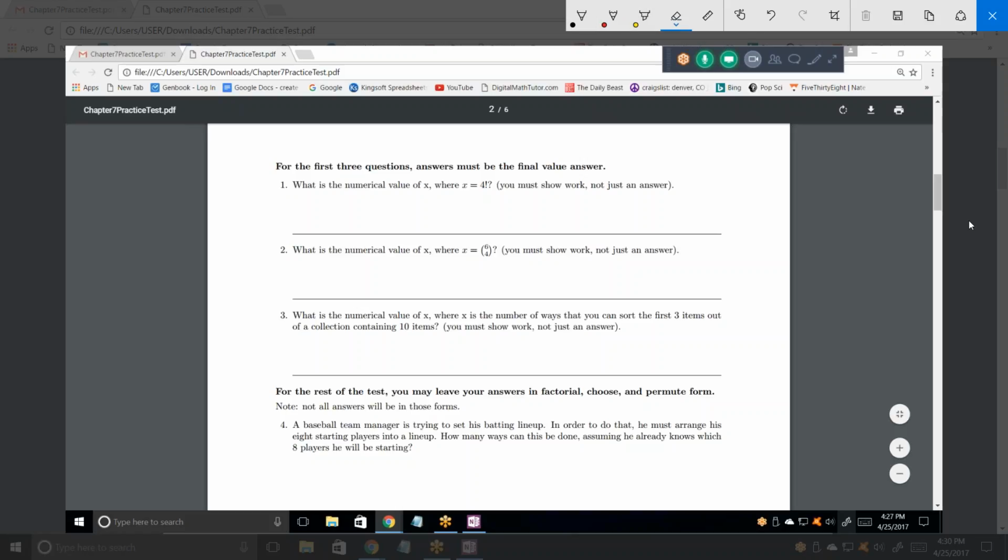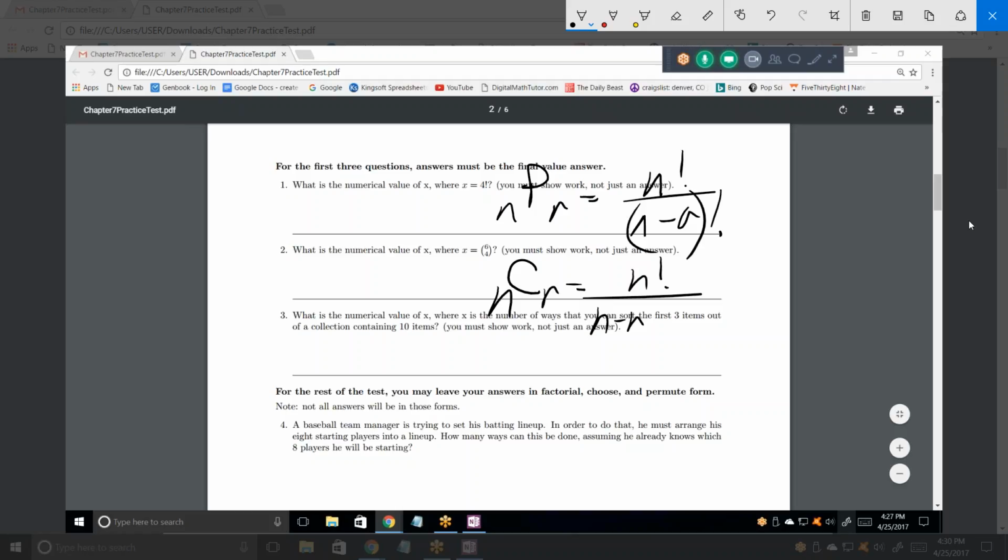Here, let's go over them. N pick R is just n factorial over n minus r factorial. N choose R is n factorial over n minus r factorial times r factorial. So that's the difference between the two. Not much of a difference, but it's significant.